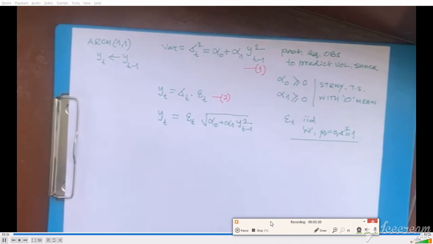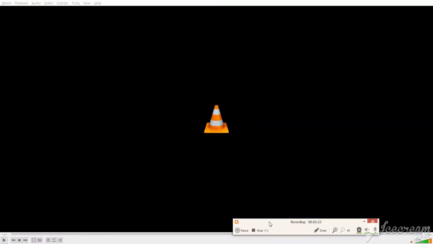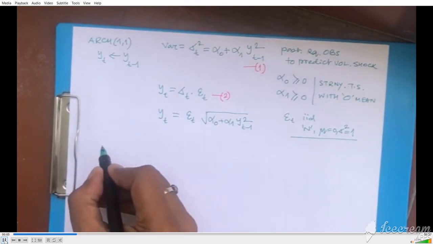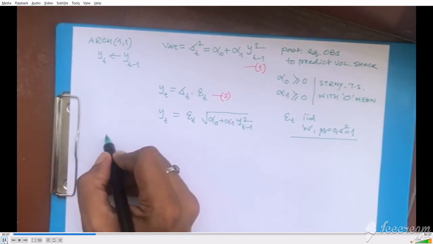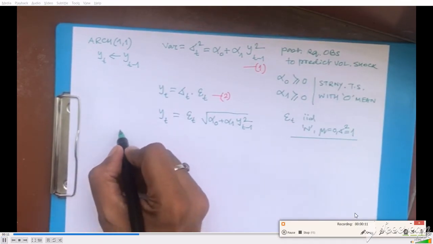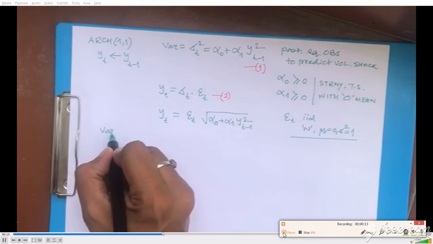In the GARCH(1,1) calculation, the difference comes like this: other than the past squared observation, the past variance also comes into the calculation.